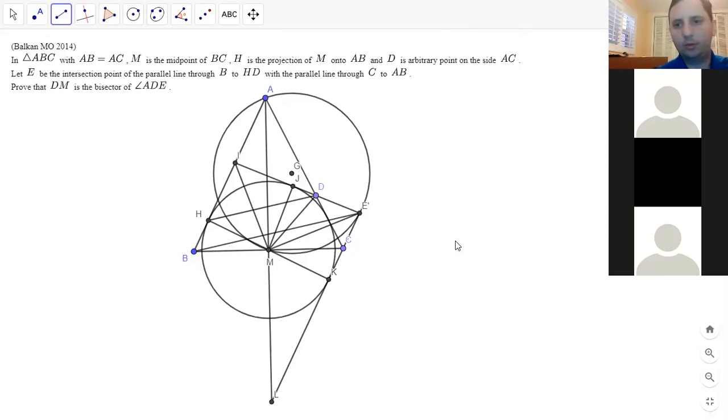Okay, BH over HI and E prime D over DI. And so once you show they're equal, that would solve it. So BH over HI is MB over MI.